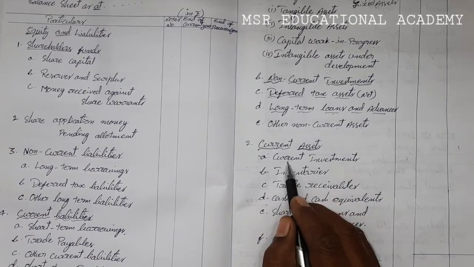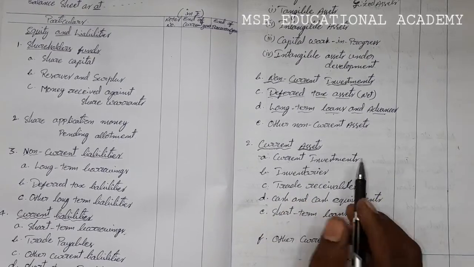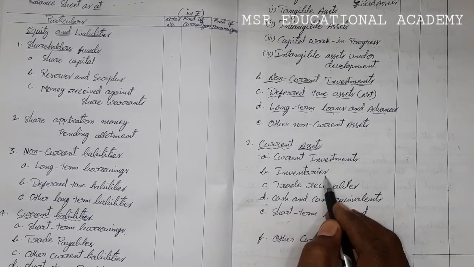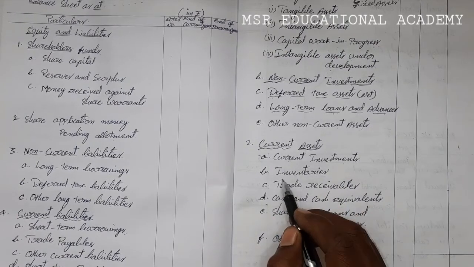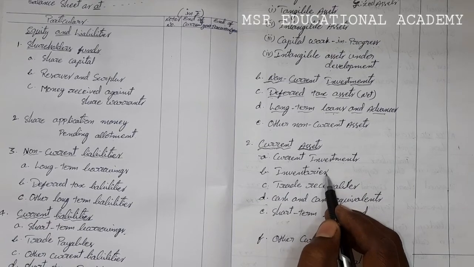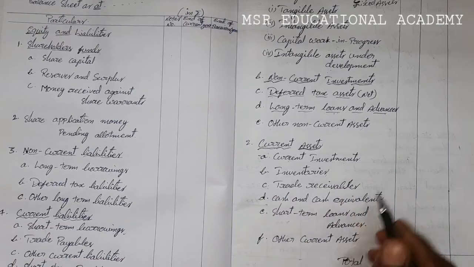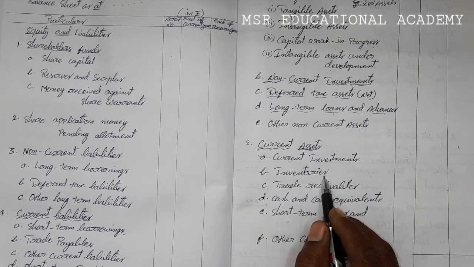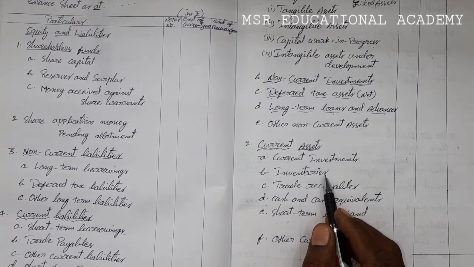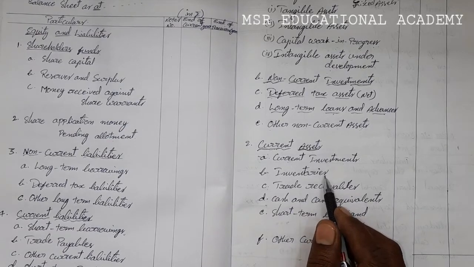That amount is called current investments. After that, inventories. Inventories means material stock. The closing stocks we should write under inventories. What the inventories are, we have seen under notes to accounts, and we clearly discussed under notes to accounts.